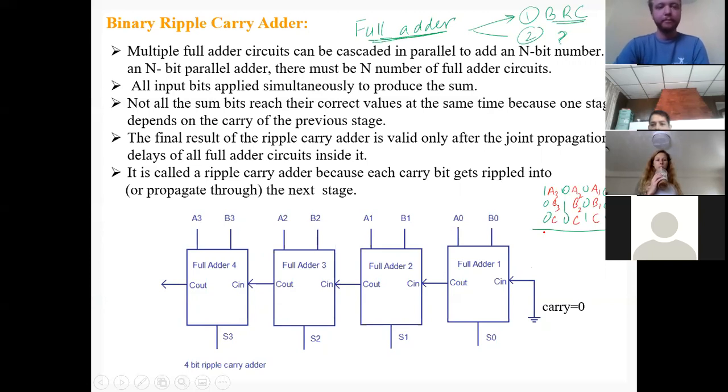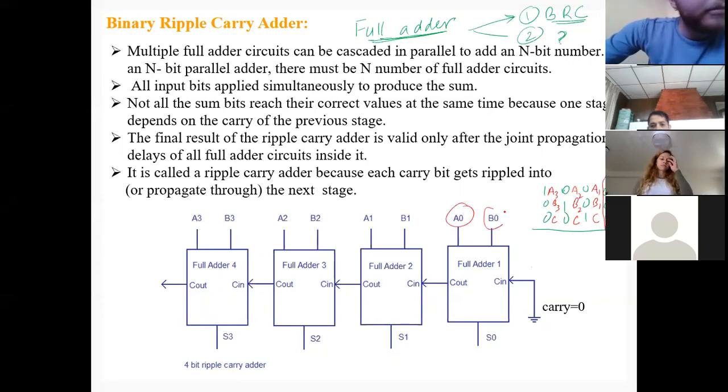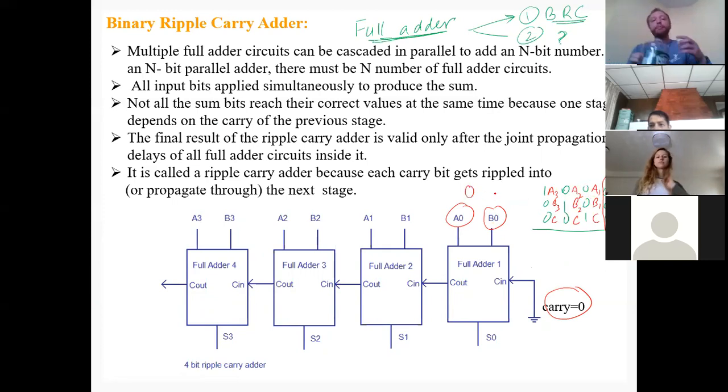So did you guys see the logic so far? I'm going to add these 3 numbers here. These 3 numbers are A0, B0, carry. Then what is the next one here? So A0 is 0, B0 is 0, carry is 0 in this case, right? So then what is the next one here? Help me here.